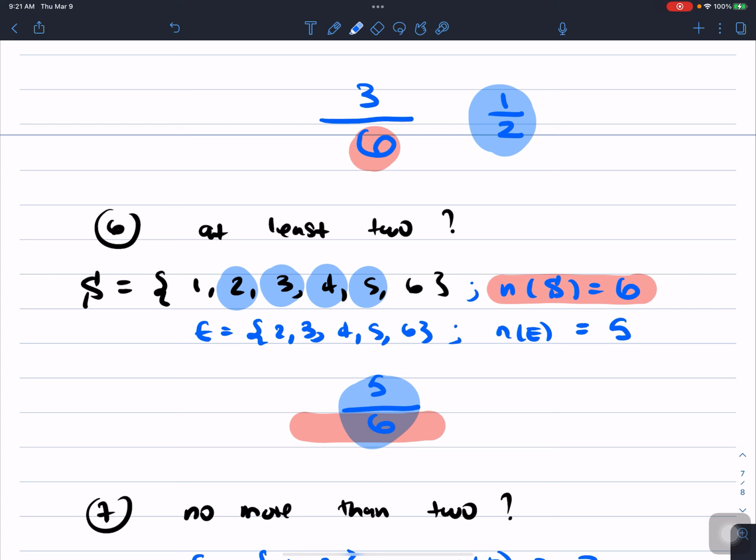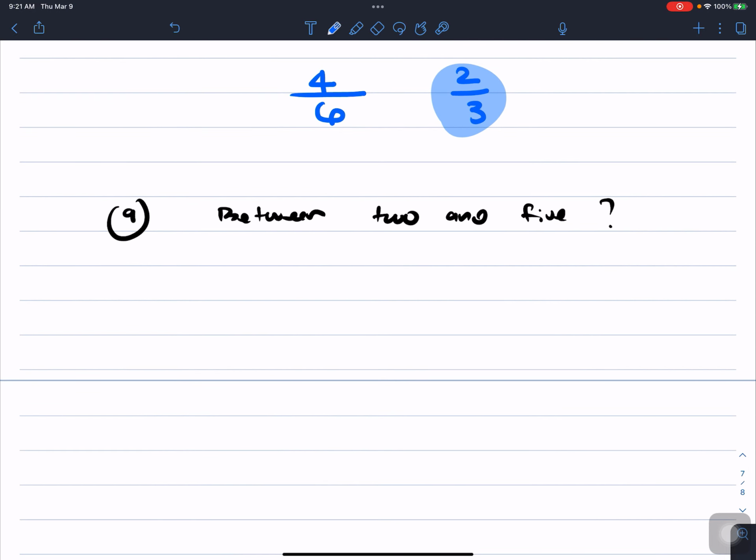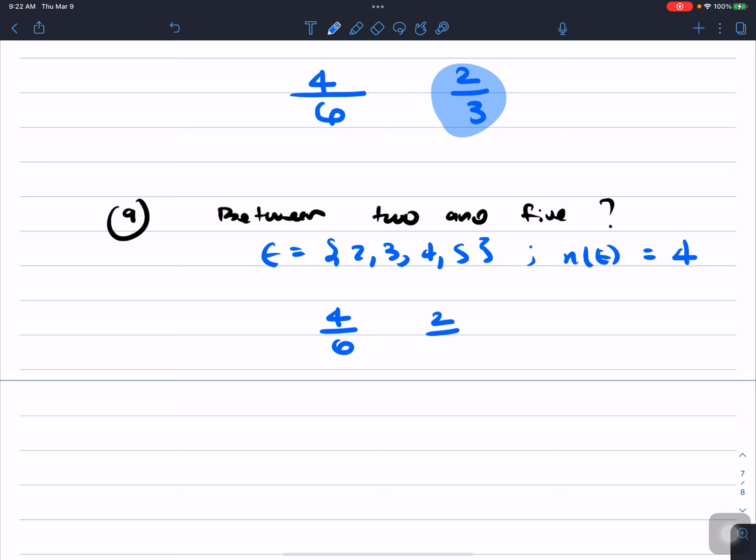Those outcomes, aren't they between 2 and 5, including 2, including 5? Okay. So in your event, you're going to say 2, 3, 4, and 5. What's N of E, ladies and gentlemen? N of E is 4. What's the probability? And what does that reduce to? 2/3.